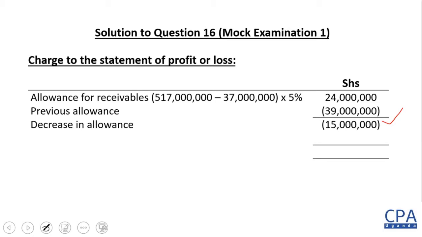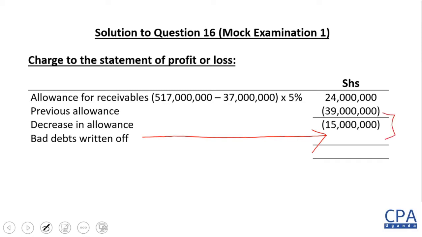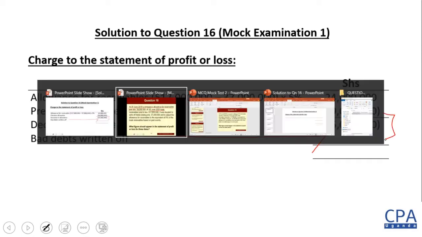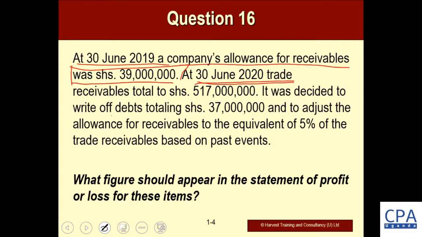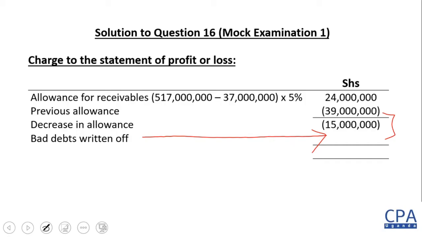Before you recognize the income, you combine this decrease in allowance with the bad debts that have been written off. The bad debts written off from our question amounted to 37 million, as you can see right here. We don't expect to collect that one. So I bring in the 37 million, which is going to be in the same account.